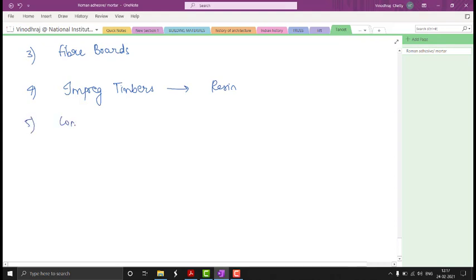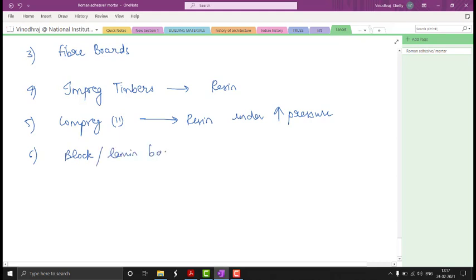And there is compreg timber. Impreg, compreg. It is also the use of resin but under high pressure. And the sixth one is block board and lamin board. Block and lamin boards are also used.